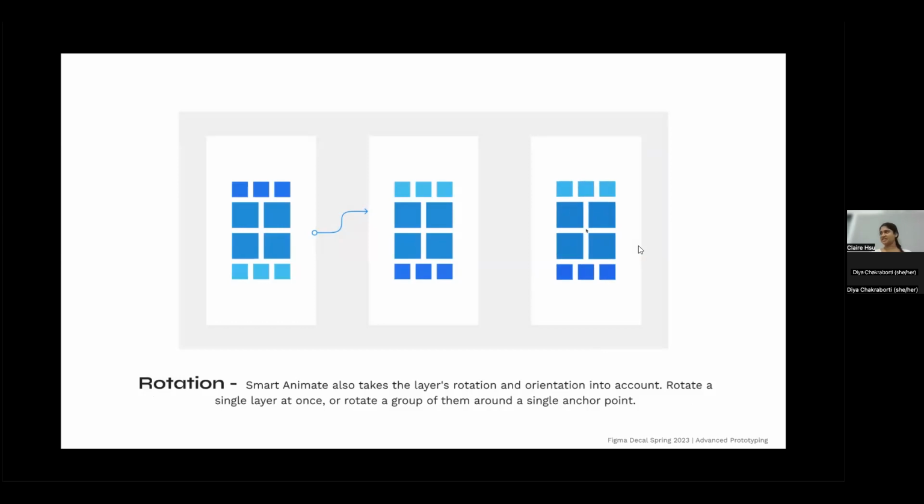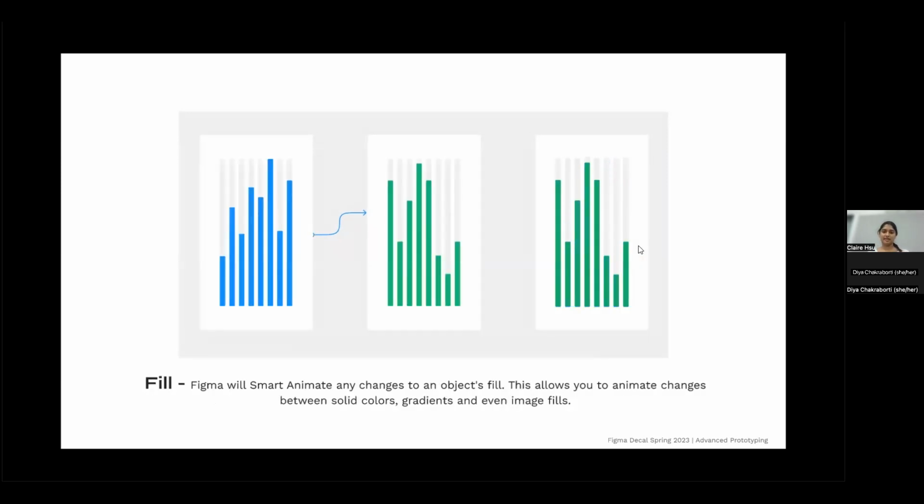And then rotation, I feel like this is the one I least expected. I saw this and I was like, what is that? I did not expect it, but it looks kind of cool. I also didn't realize before this class you could rotate with Smart Animate. Here is fill. It kind of looks like that course catalog thing on Berkeley Time where the graphs change and the color changes too.